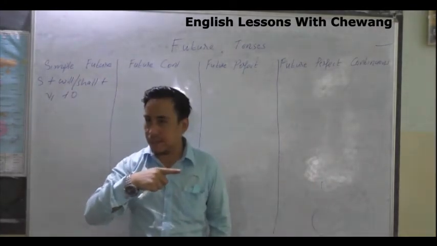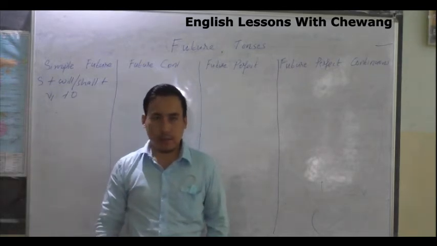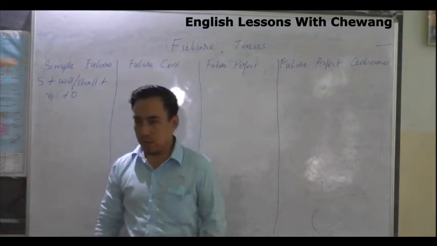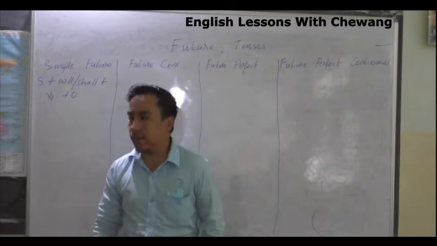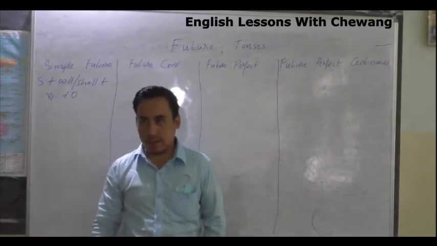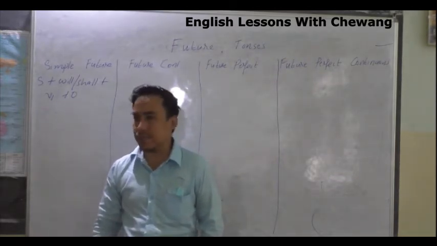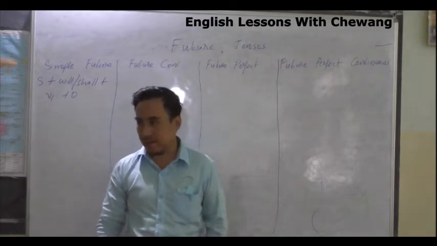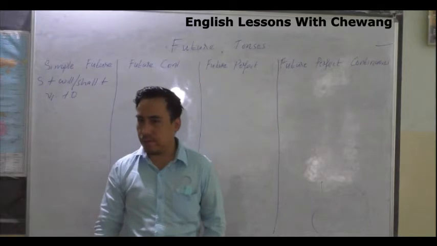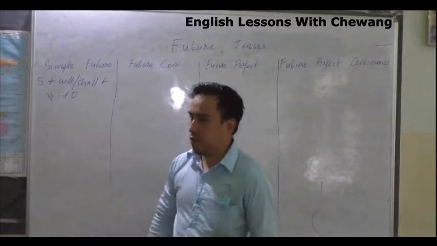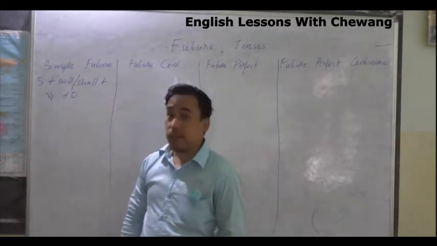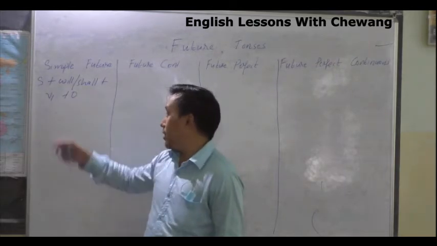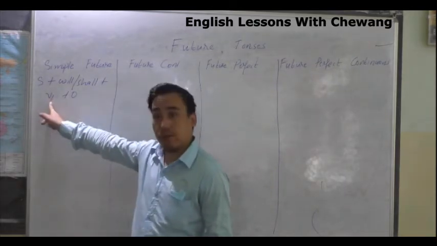So, simple present tense. He goes to school every day. Simple past tense. He went to school yesterday. Second form of the verb. Simple future. He will or shall, first form of the verb.